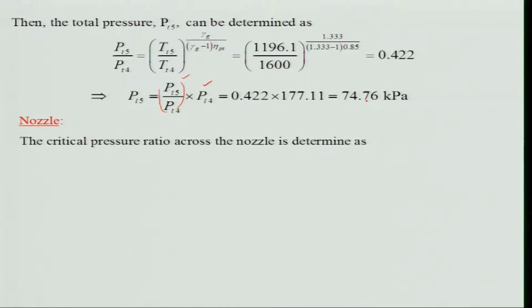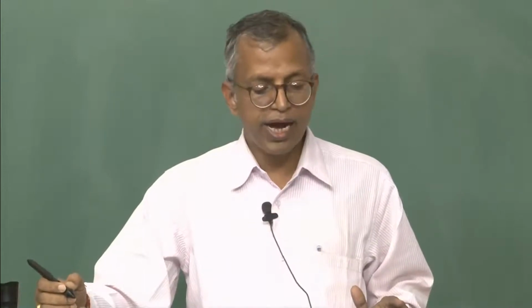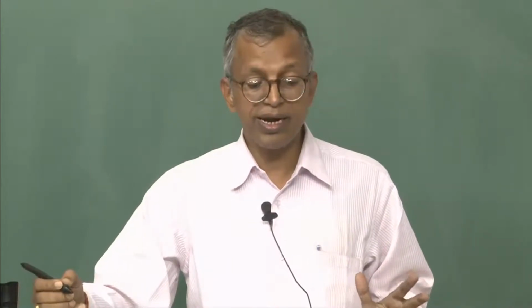For the nozzle we need to determine whether the nozzle is choked or not. We are considering a convergent nozzle, and for that we need to determine the critical pressure ratio across the nozzle.